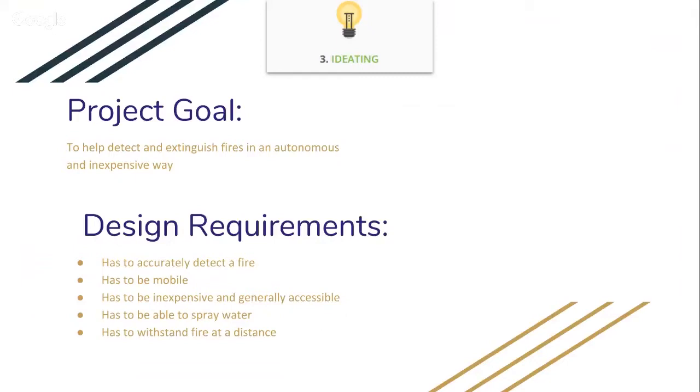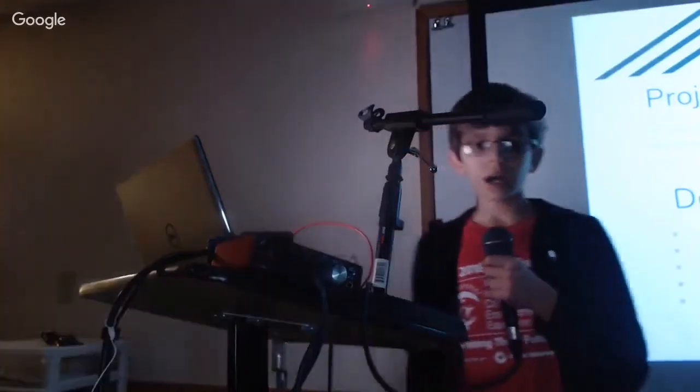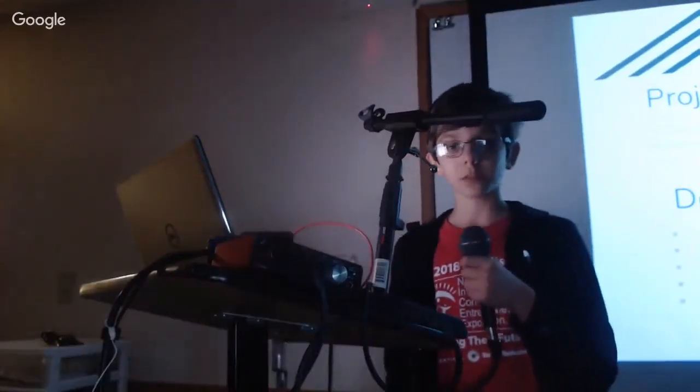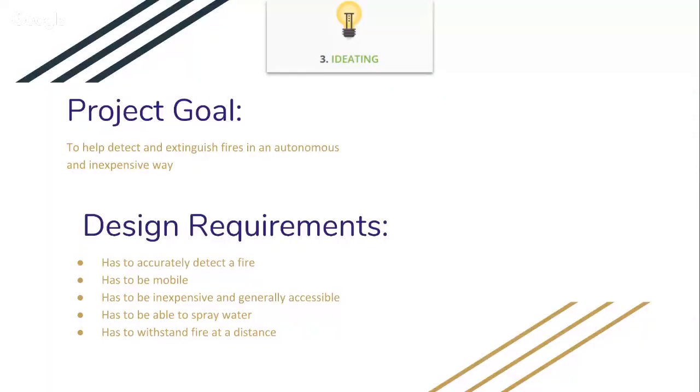And in order to be able to spray water, I would use a pump to pump out water through a hose onto the fire. In order to be inexpensive and generally accessible, I decided that my robot should be made of plastic. And finally, in order to be able to withstand fire at a distance, the motors could be used to take the robot to a safe distance from the fire.